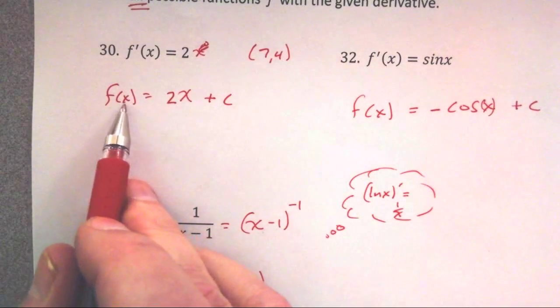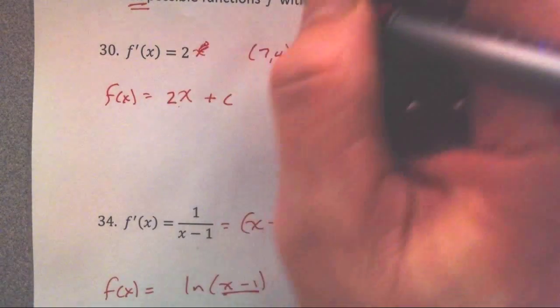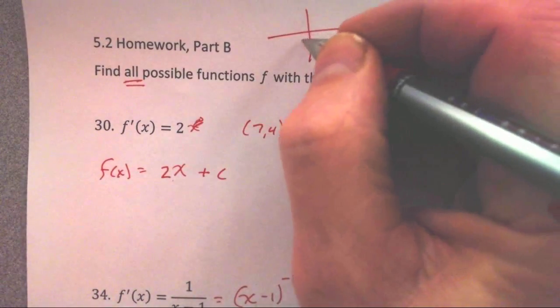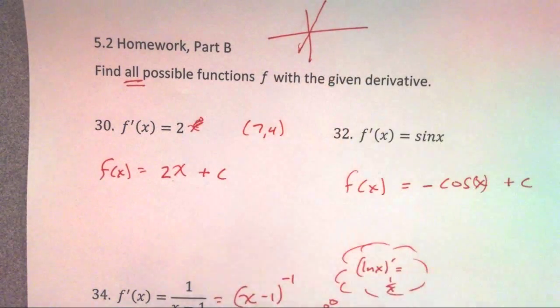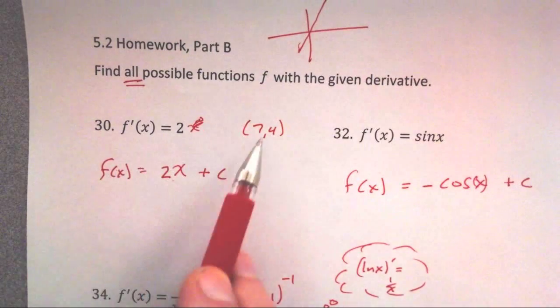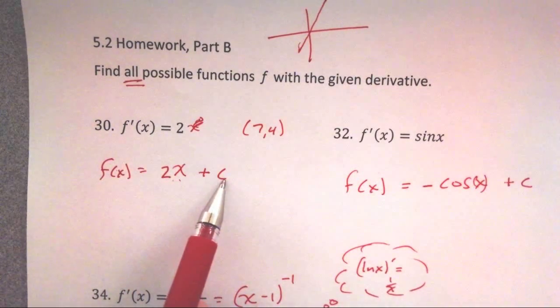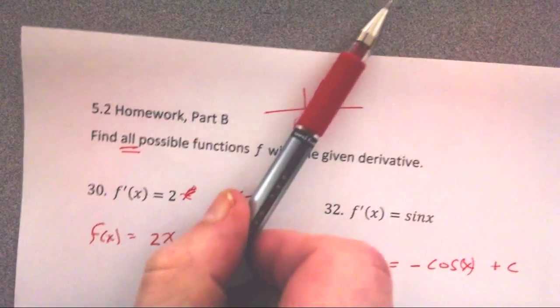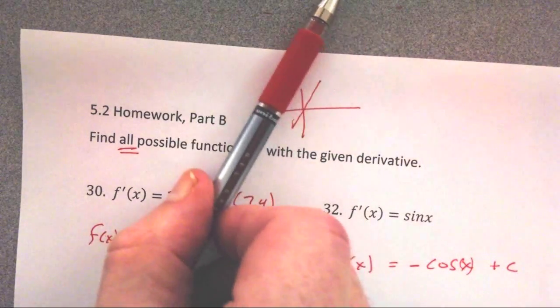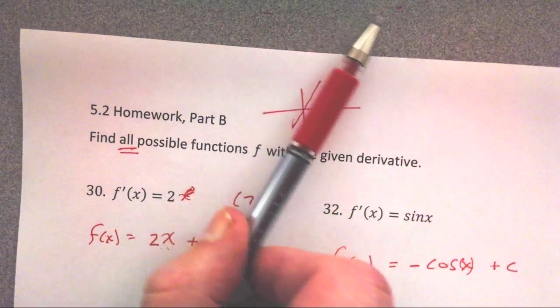We have our function would be a line y equals 2x, but then we would want to force that to pass through the point 7, 4, so we'd have to adjust it. We could put 4 in for y, 7 in for x, and figure out what adjustment c would change this line with slope 2 so that it would hit the point 7, 4.